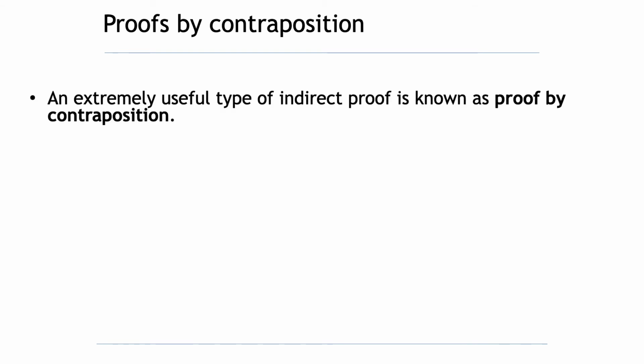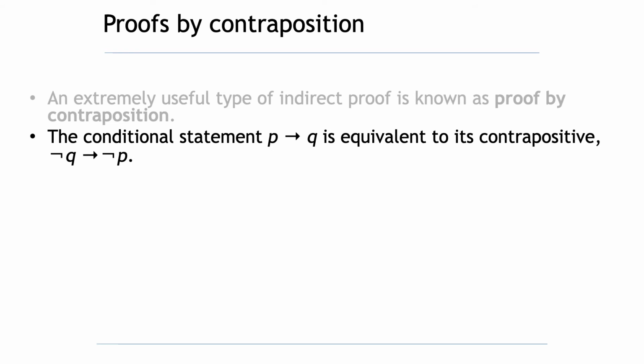An extremely useful type of indirect proof is known as proof by contraposition. Remember that when we studied logical equivalences, we saw that the contrapositive of a conditional statement is logically equivalent to the conditional statement.